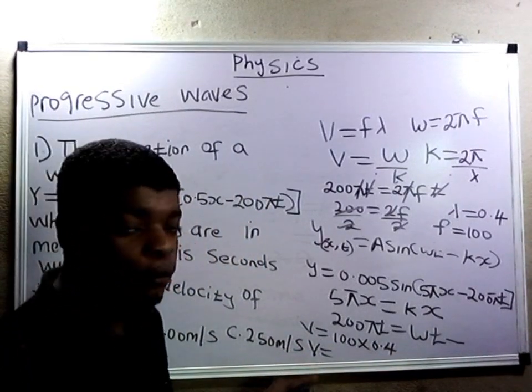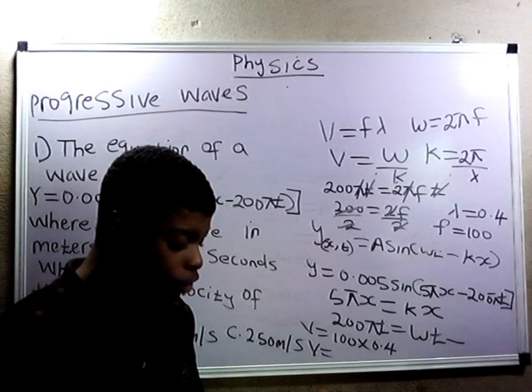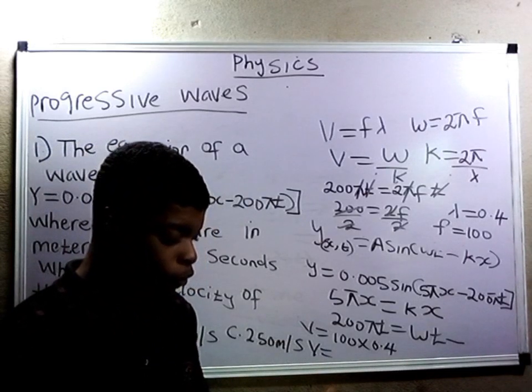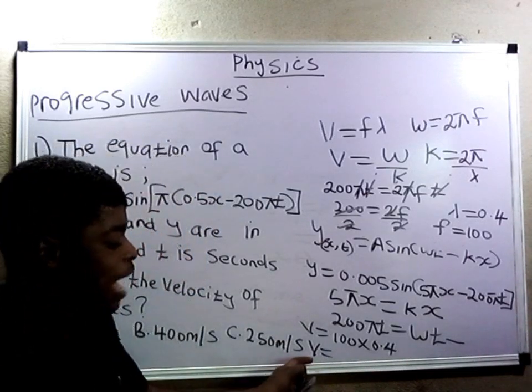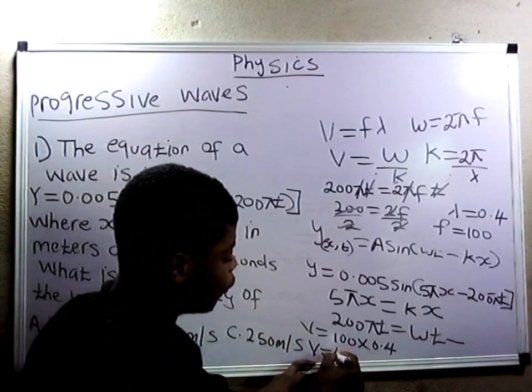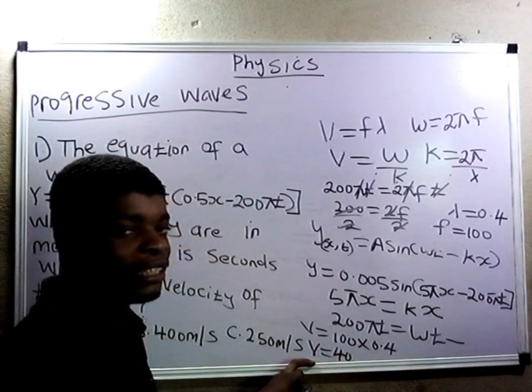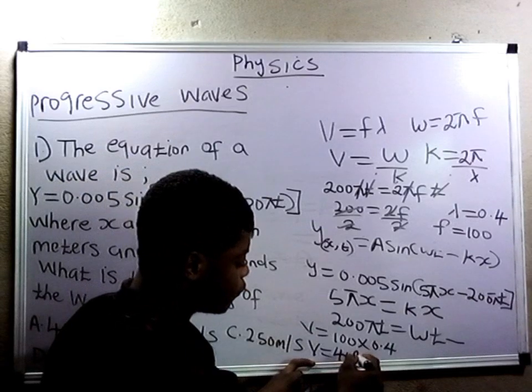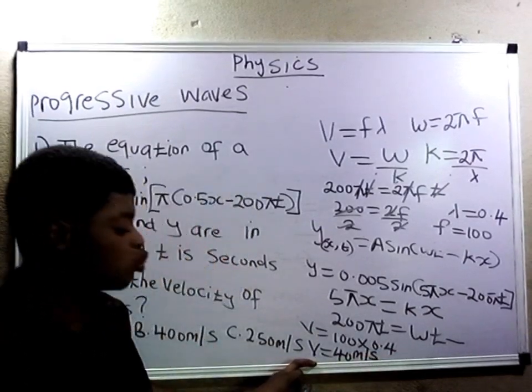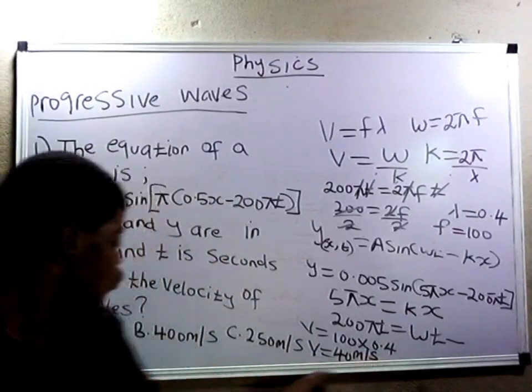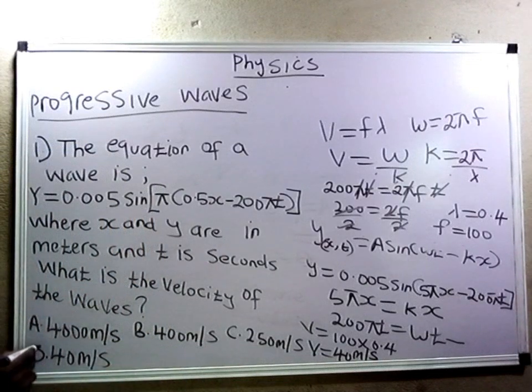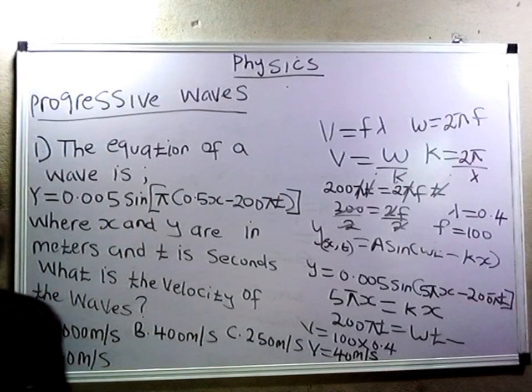So velocity will be 100 times 0.4, which gives us 40. So our velocity is 40. Don't forget the SI unit, which is meter per second. So this is 40 meter per second, which is option D. So option D is the answer to this question.